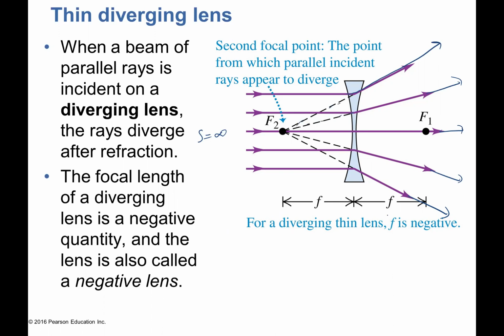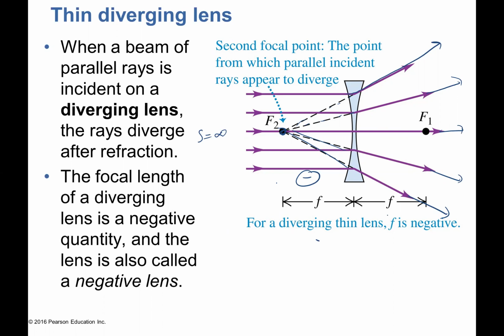As you trace them back, you can see that they will converge at some point in front of the lens, which is the negative side, remember. That means this has to be a virtual image, because none of the actual outgoing refracted rays go to that point, let's say F2, where the image is generated.